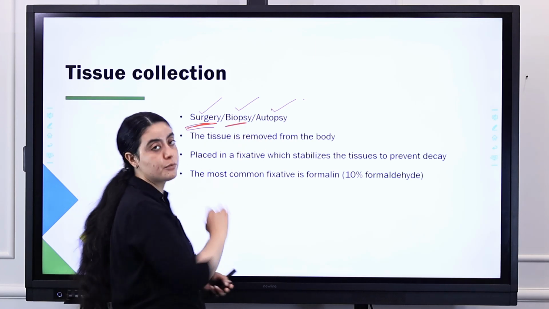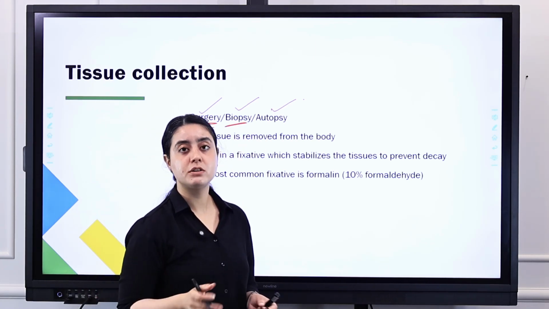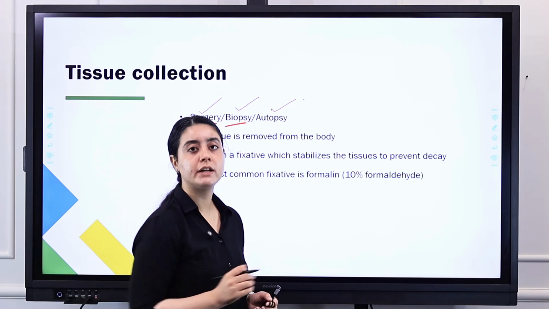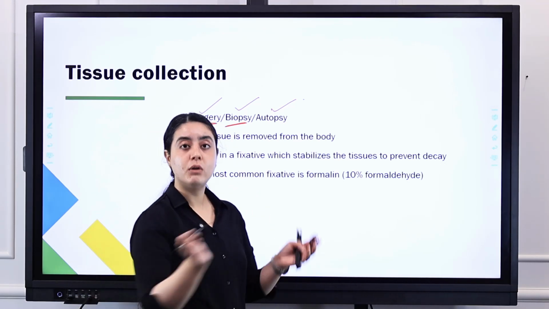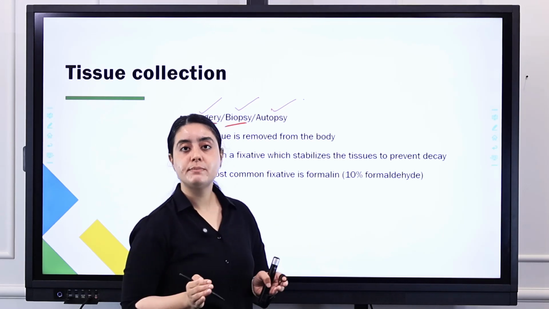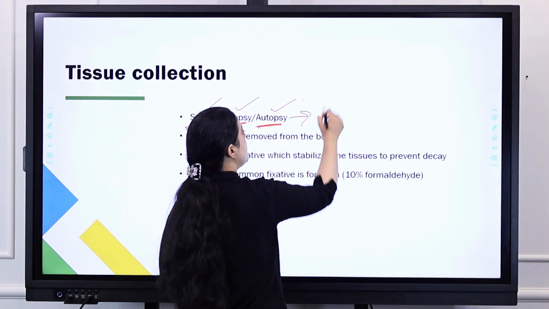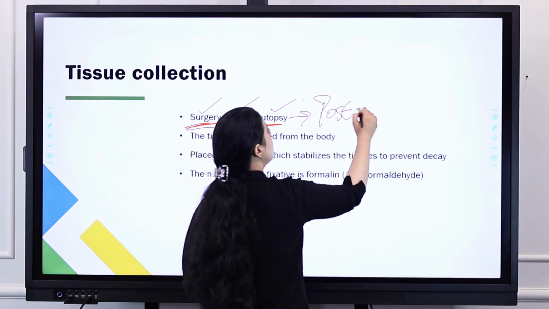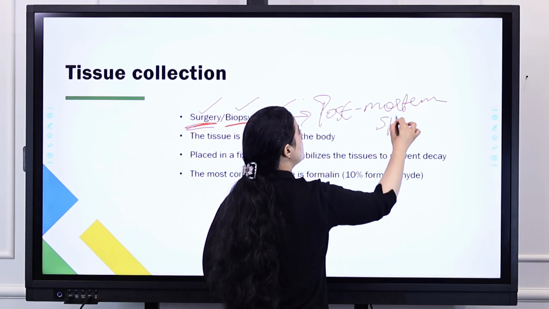Then we have a biopsy sample. What is the biopsy sample? A tissue section of a particular organ or a particular type of tumor. And then, when we receive a whole organ as a specimen, that is autopsy. You can also say autopsy is a postmortem specimen.